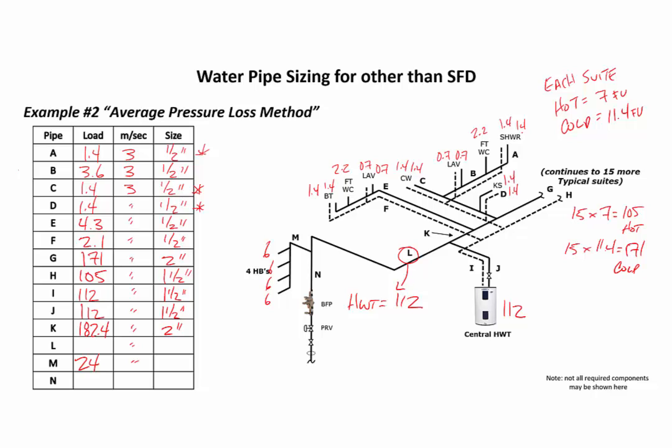So that's 32 water closets at 2.2 each, which is 70.4. So our total for L is 182.4 as well, 2 inch.